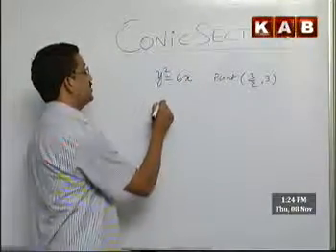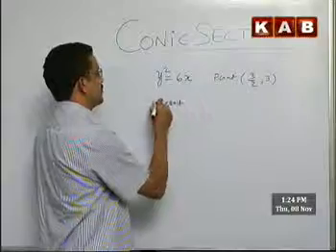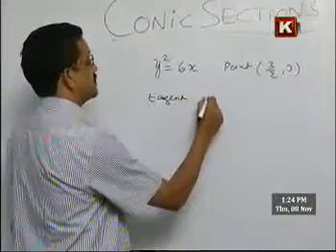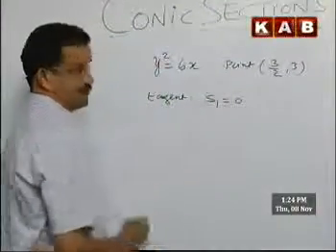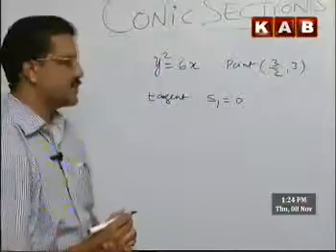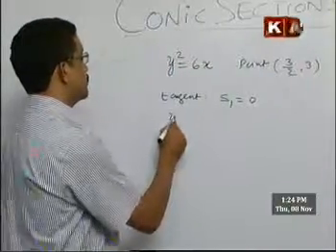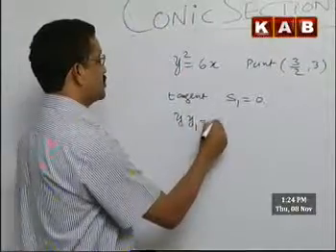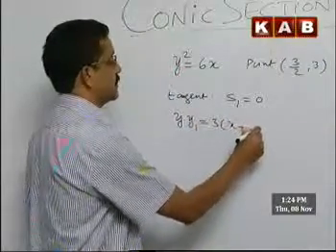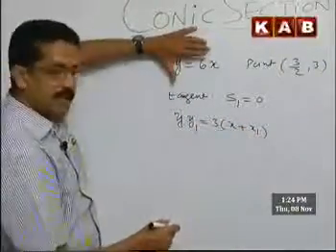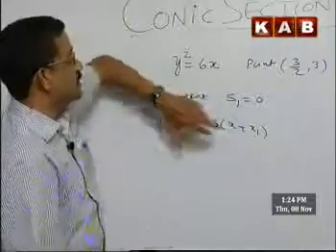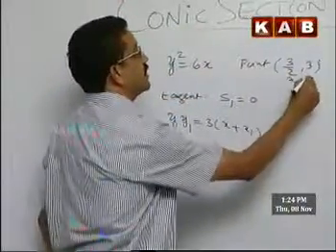Now, tangent equation is S1 is equal to 0. What is S1? y y1 is equal to 3 into x plus x1. Here, for this particular curve, S1 is this, and my x1, y1 are these.